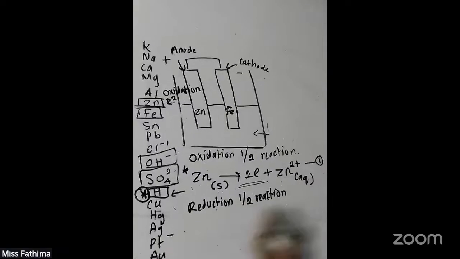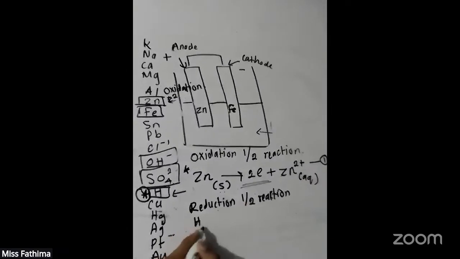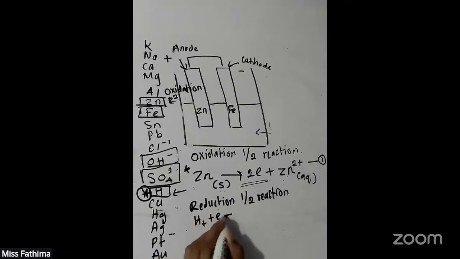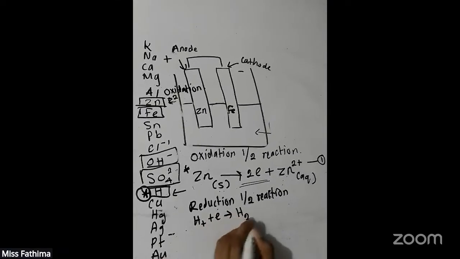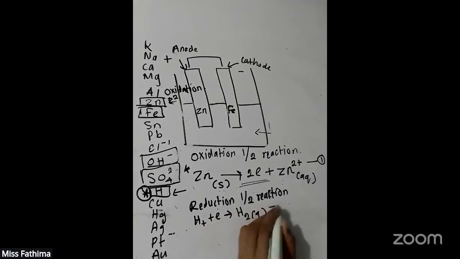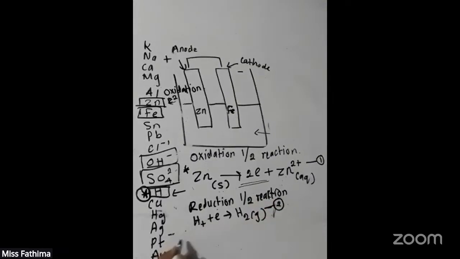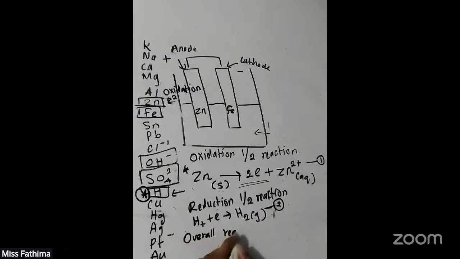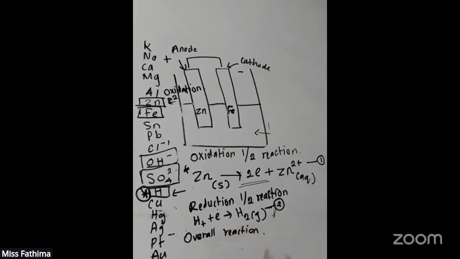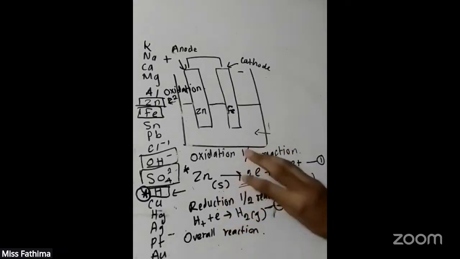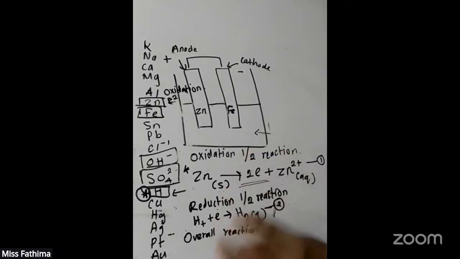Let me write it smaller, then I have more space. This is the second one. Then you have something called the overall reaction. Overall reaction means where you have to cancel out the electrons.